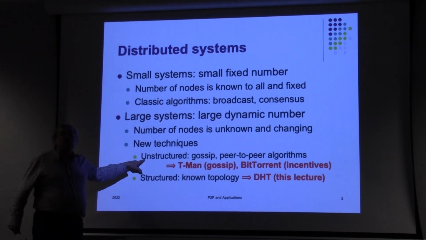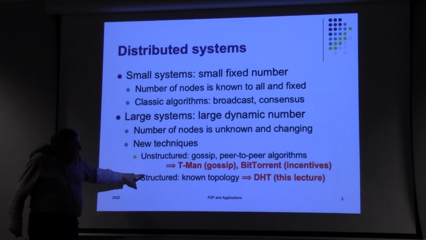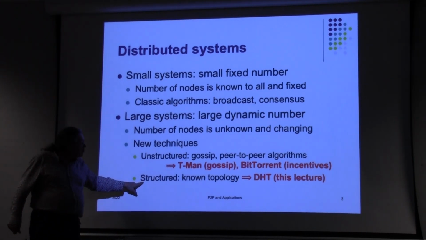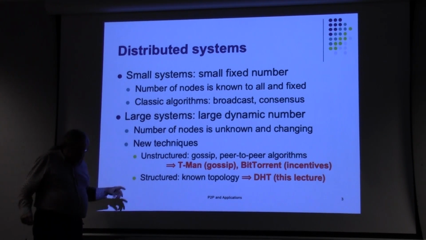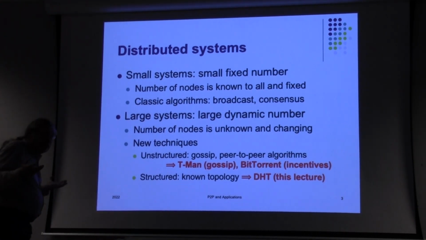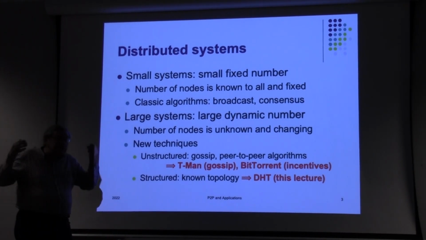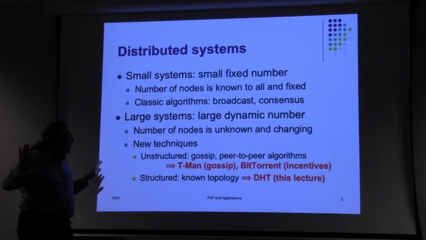This is unstructured peer-to-peer. Today I want to talk about structured peer-to-peer. The idea is that you build structure, it lets you get efficiency, a lot of efficiency, but you give up some of the robustness, okay?